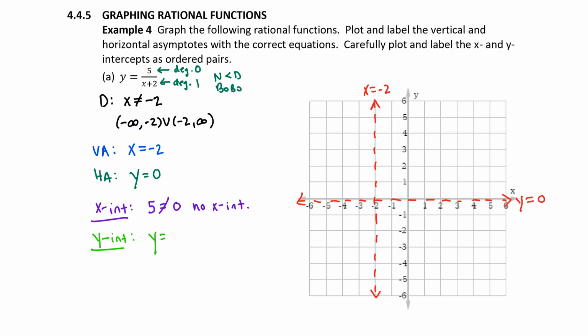So in this case, and remember our shortcut, we can find our ratio of constants here. If we plug in a 0 for x, the only thing that's left are the constants. So the ordered pair location of our y-intercept is (0, 5/2). So it looks like we only have 1 point on our graph as a reference to construct the graph of this rational function. So those are the specifics.